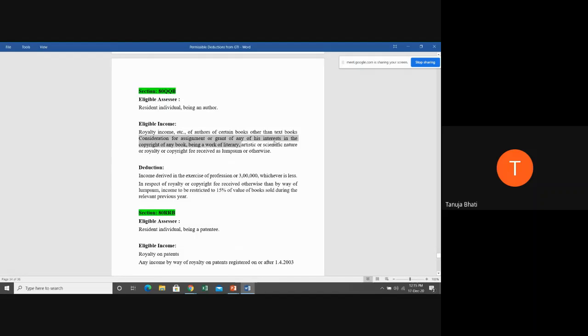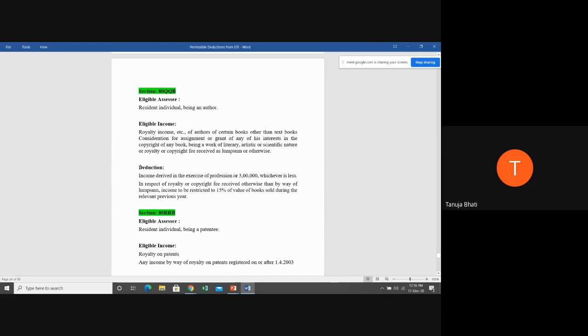It covers consideration for assignment or grant of any of his interest in the copyright of any book, being a work of literary, artistic or scientific nature, or royalty or copyright fee received in lump sum or otherwise. When you are an author of a book, you usually receive royalty income either in lump sum or in parts. So you are going to get a deduction under section 80QQB.